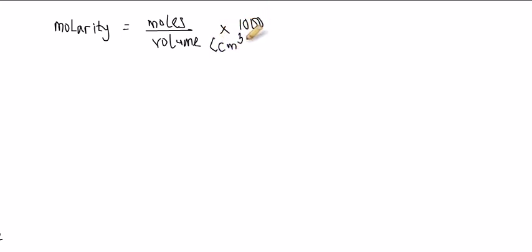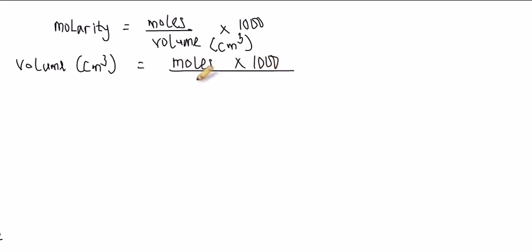But if we have our volume in dm cube, we do not need to multiply by 1000. So from here, making volume the subject, since volume is what we need to determine, we say volume equals moles times 1000 divided by the molarity.